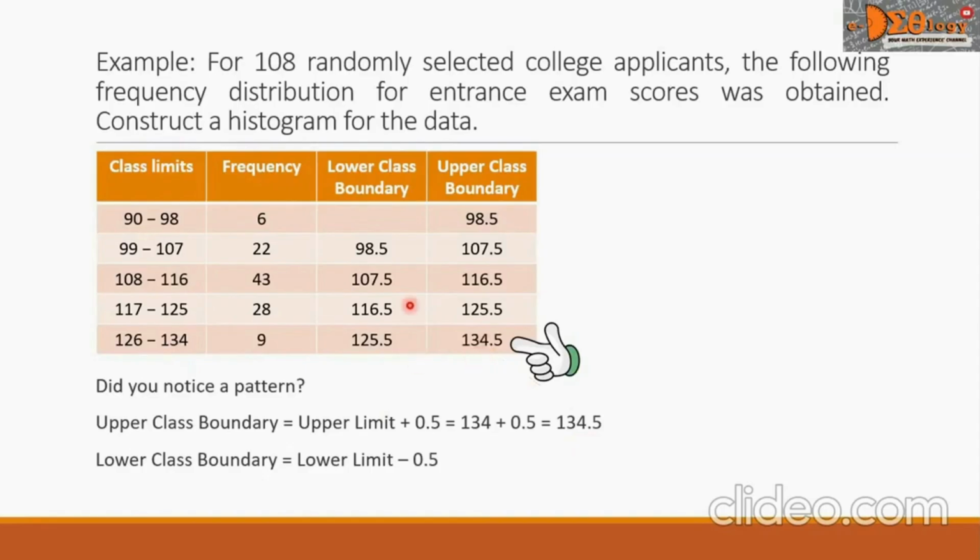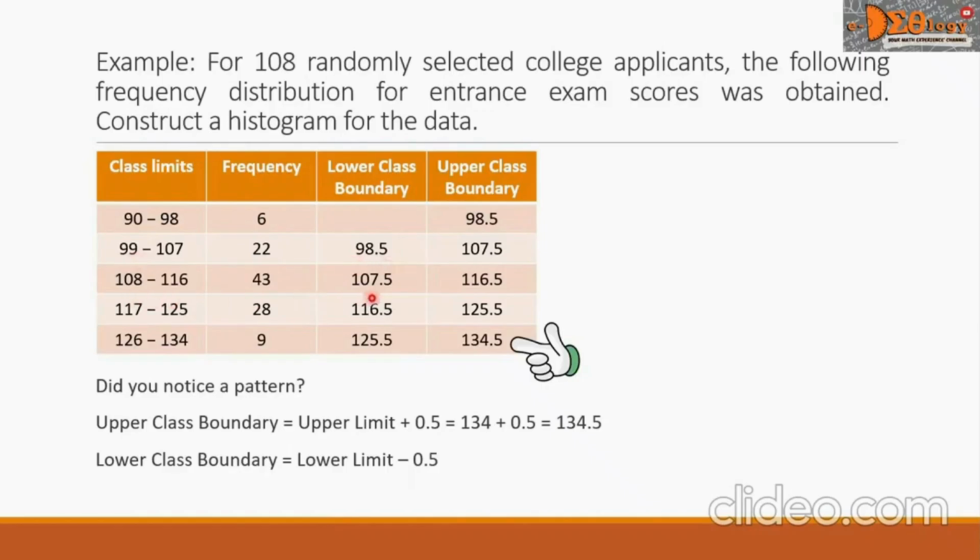Also, for the lower class boundary column, if we look at our lower limit, this is 99. It seems that this 98.5 is the result when we have lower limit minus 0.5. So you see, this is 99 minus 0.5 will give 98.5.